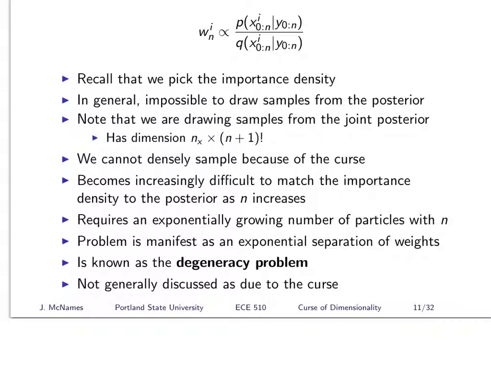And keep in mind, when we look at it from this perspective, we're trying to draw samples from a distribution that's different than this, but is kind of like that in a dimension that's growing with time. And so this problem gets harder and harder as time goes on, which, again, we witnessed as the so-called degeneracy problem, where we end up with only one particle contributing to our estimate very rapidly. And I think this is just a manifestation of the curse of dimensionality.